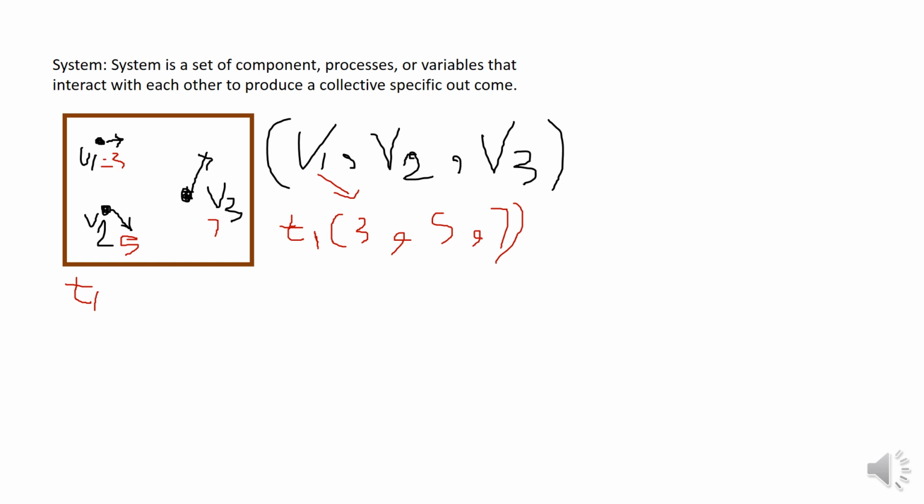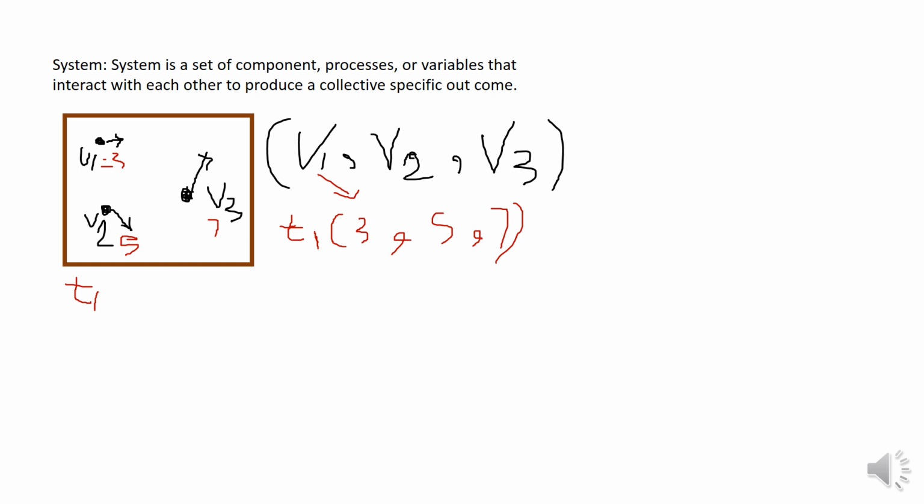The word condition is telling us that particle 1 has velocity 3, particle 2 has velocity 5 and particle 3 has velocity 7. So this is the situation of our system.